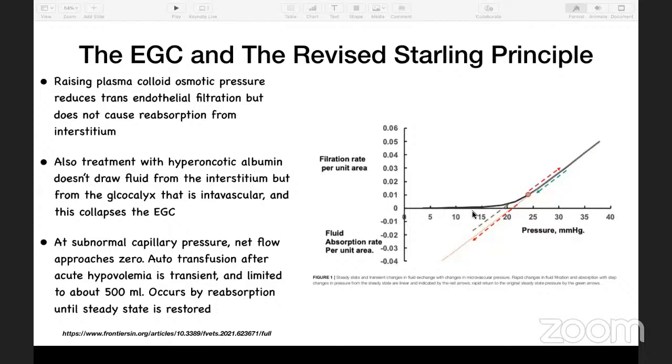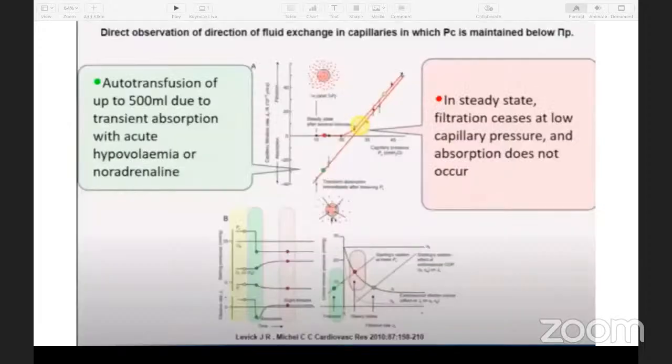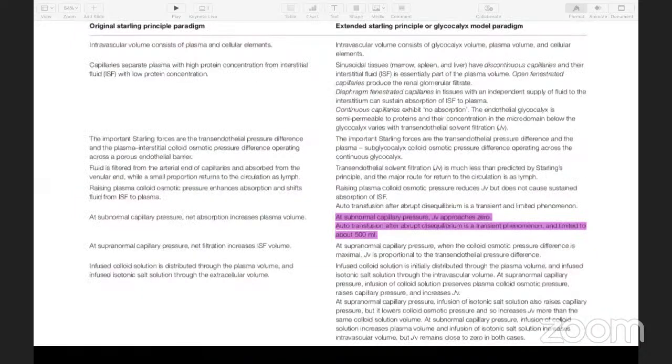Also, reabsorption is limited to about 30 minutes and can only give us about 500 mLs of reabsorption of fluid in those acute hypovolemic states. So that's what I've just explained. The autotransfusion, that acute period of reabsorption, can only give us about 500 mLs of fluid. So this was just to summarize the differences between the classical and the revised or extended Starling principle.